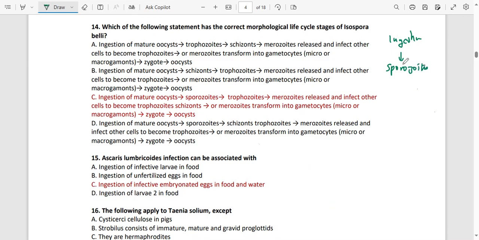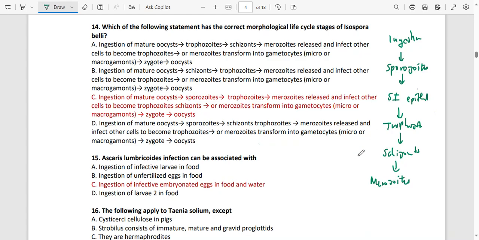And these sporozoites, when they enter, this is orofecal, they are going to invade the small intestine epithelium. Take note, there is invasion there. And when they do that, just like for crypto, sporozoites convert into trophozoites. And then the trophozoites are going to convert just like crypto into schizonts. The schizonts produce now merozoites.